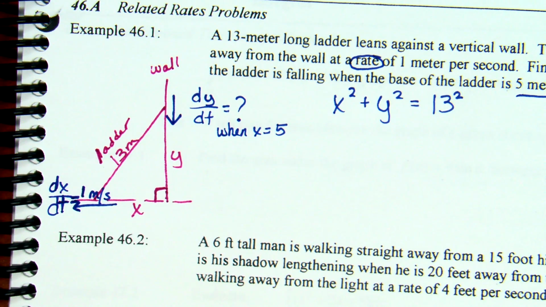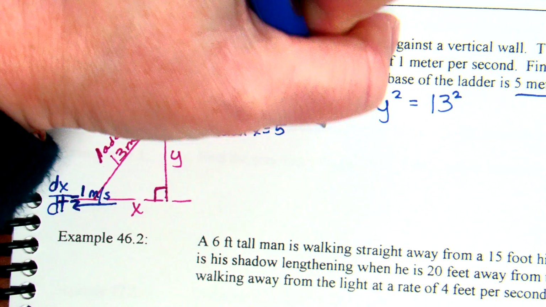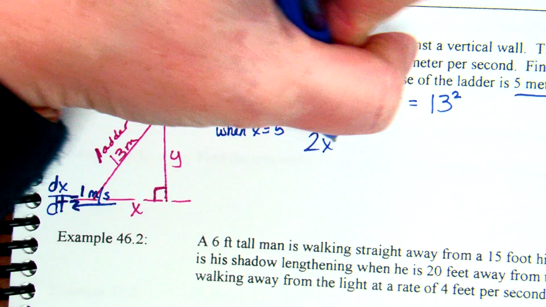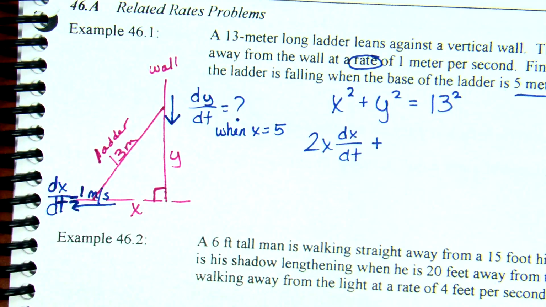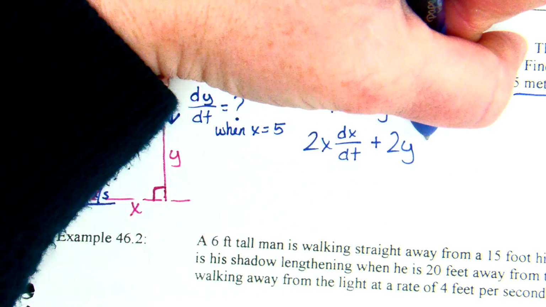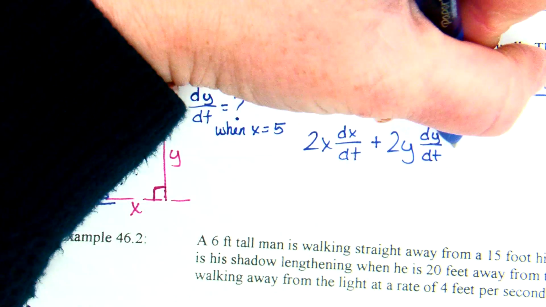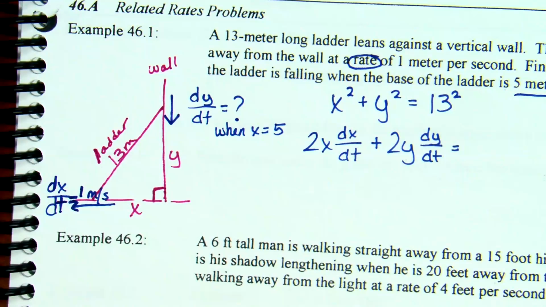So, derivative of x squared, 2x, and then we're going to say dx/dt. Plus, derivative of y squared, 2y dy/dt. Derivative of 13 squared, 0, because 13 squared is just a number, and the derivative of a number is 0.